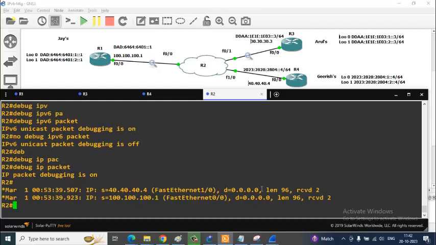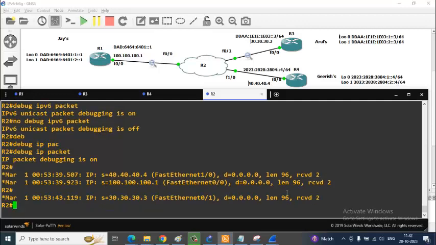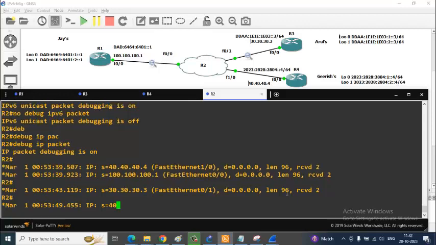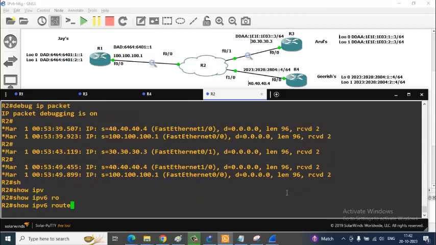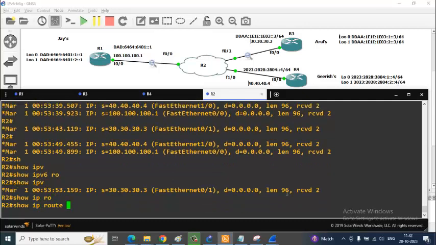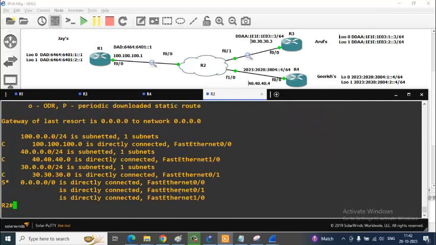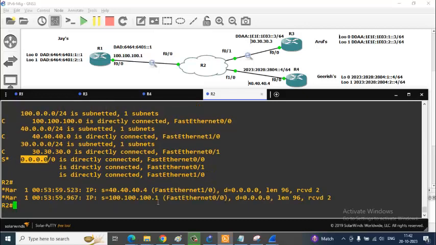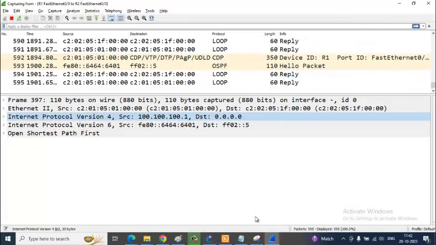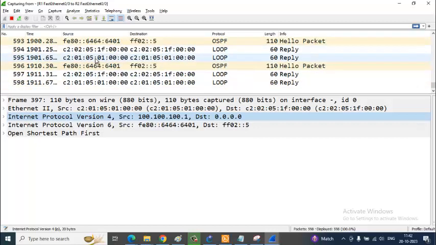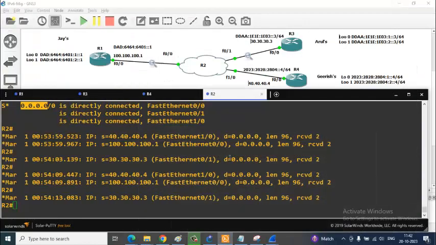Okay, still it says only received. No forwarding. Show IP route. I have given 3 routes for destination any. Still it is not ready to forward it. If it is forwarding, then I should receive packets. I am not receiving from Arul or Girish. So that also doesn't work.